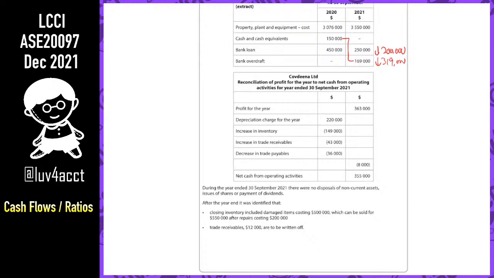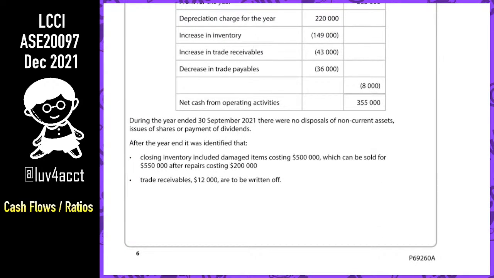Again the inventory part, and we have to look at this is the cost. And how about NRV? NRV would be 550,000 minus 200,000, that is 350,000.